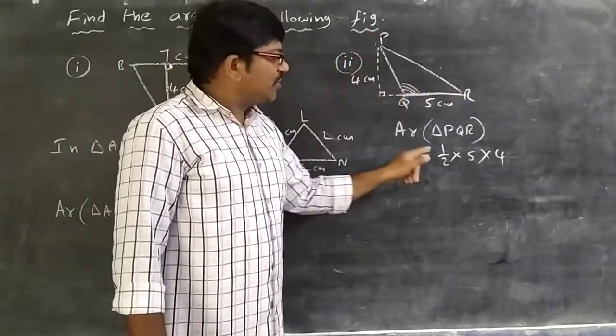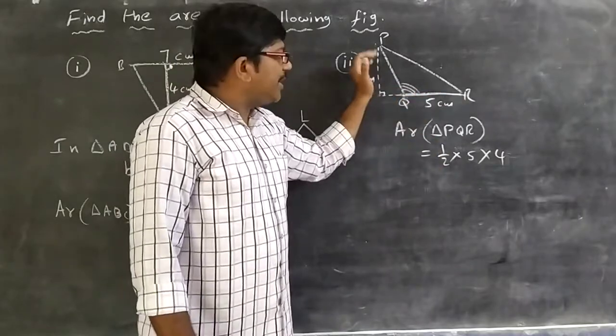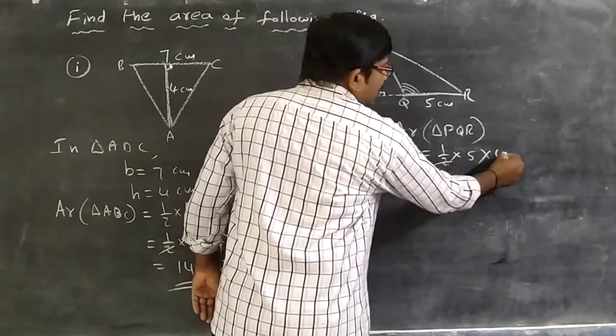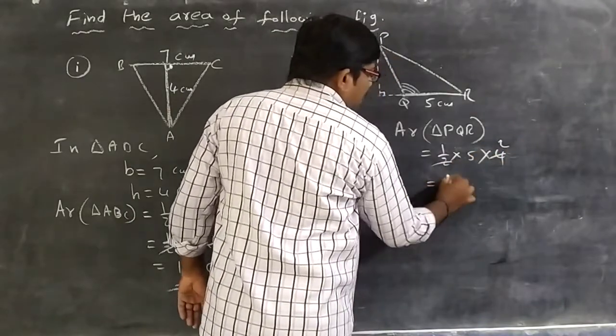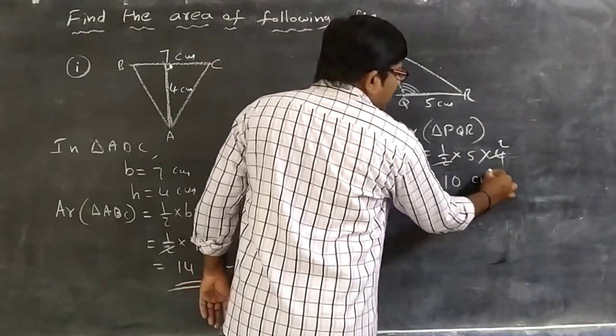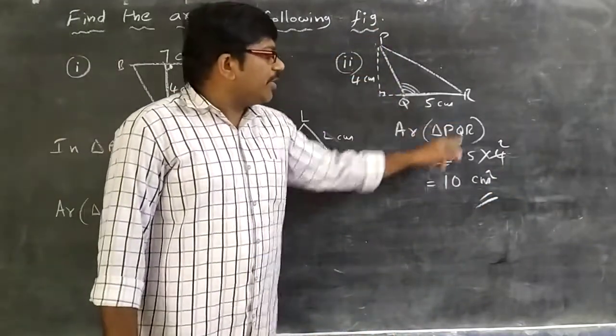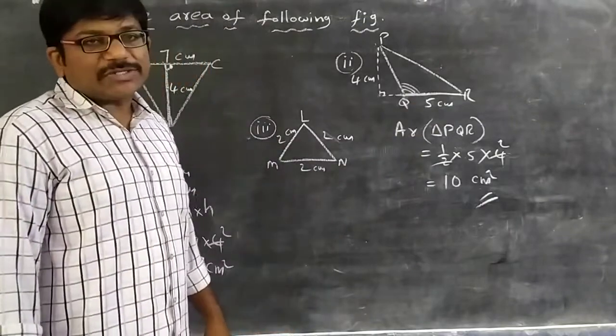Base into height. Here base is 5 and the height is 4. So half into 5 into 4. 2 ones are 2, 5 twos are 10 centimeters square, right? So the area of triangle PQR is 10 centimeters square.